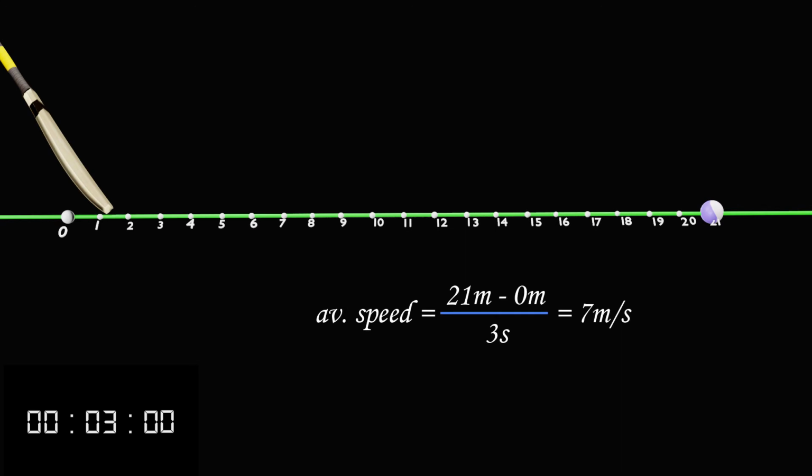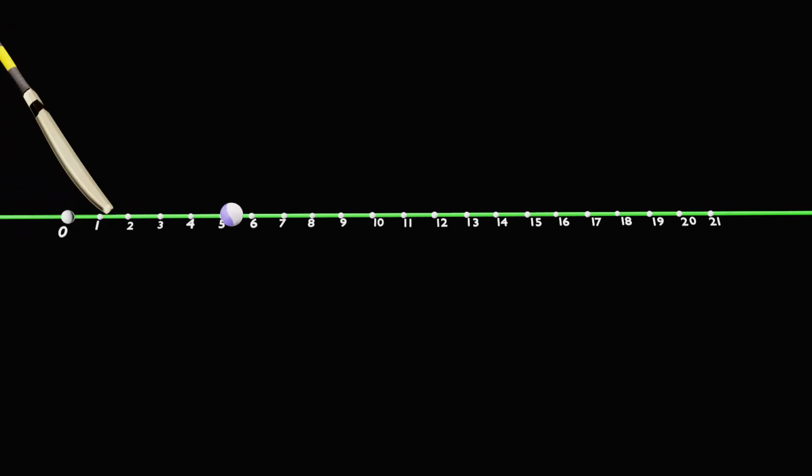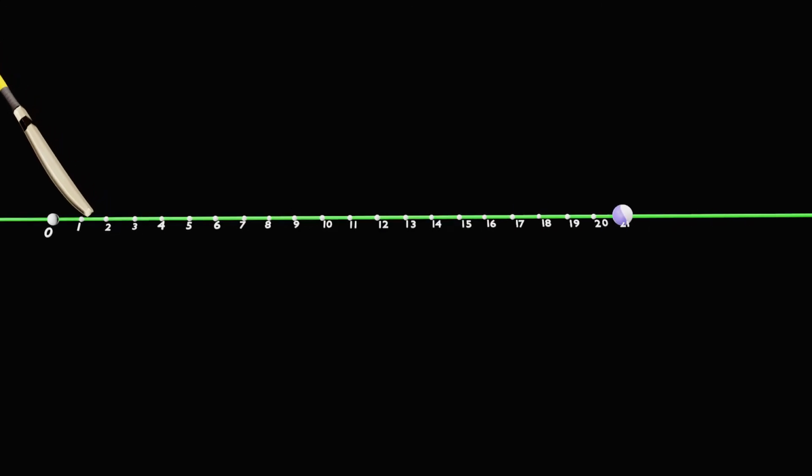For example, it moves with a speed of 3 meters per second in the first 2 seconds. After that, it starts to move with a speed of 6 meters per second. We are interested to calculate its average speed for a time interval of 6 seconds.